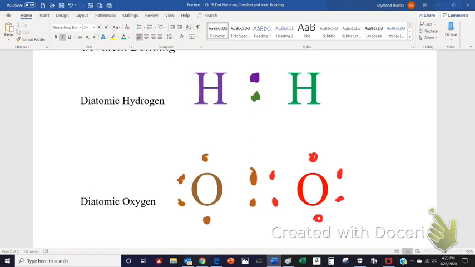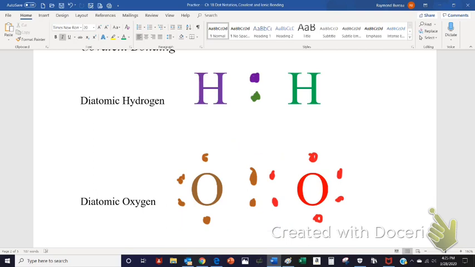So what's going on now is, if you look carefully, switch colors so you can see this, the oxygen on the left, the brown one, now uses its own 6 plus the other 2 from the red oxygen, and now that oxygen atom is using all 8 of its valence electrons.